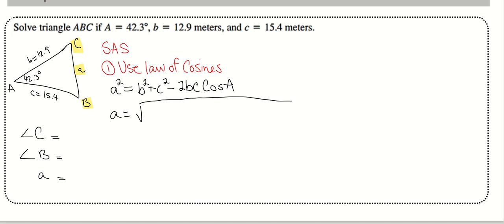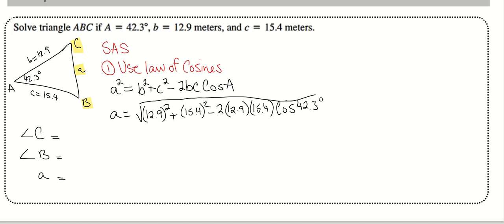And we end up with 12.9 squared plus 15.4 squared minus 2 times B times C times the cosine of angle A, which was 42.3 degrees.